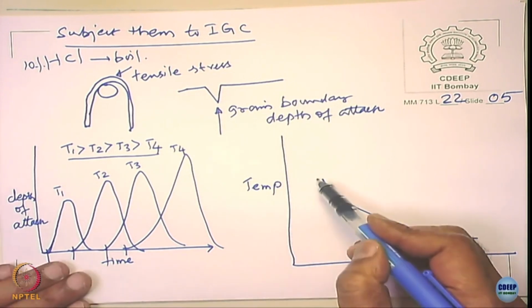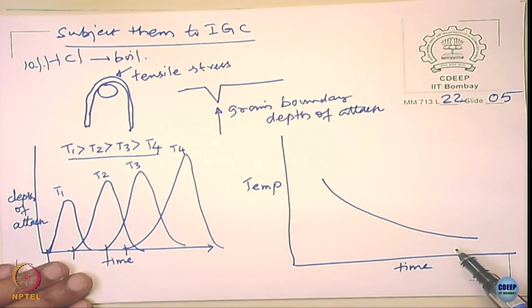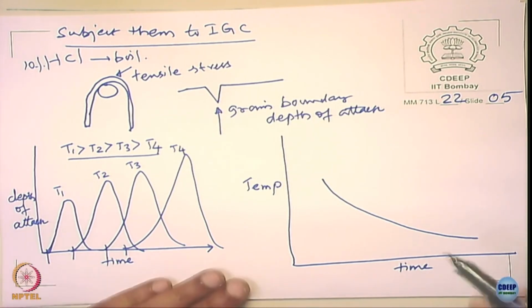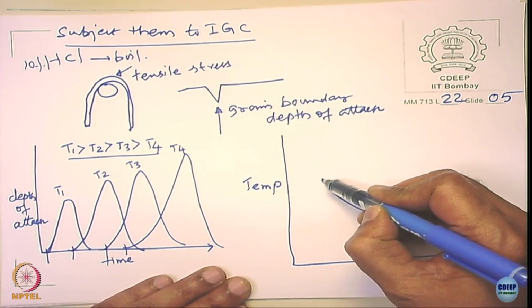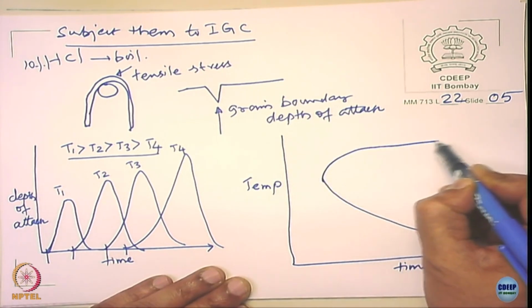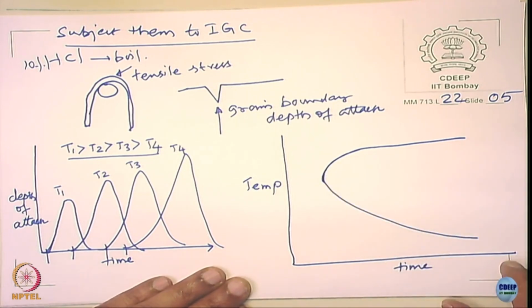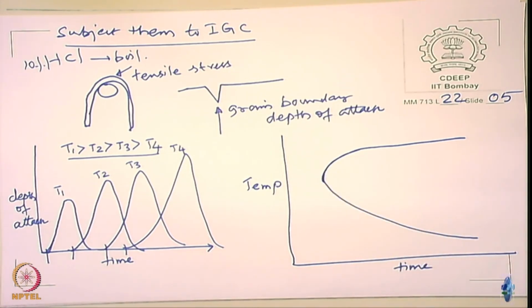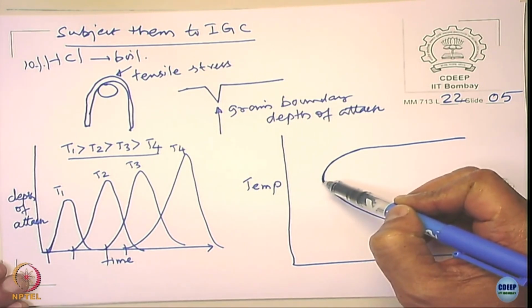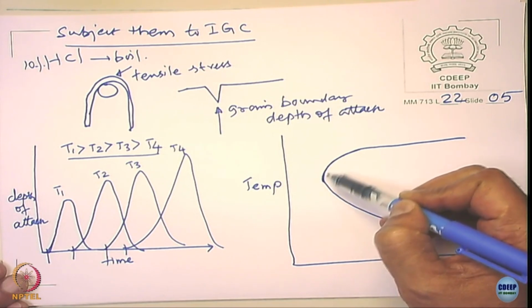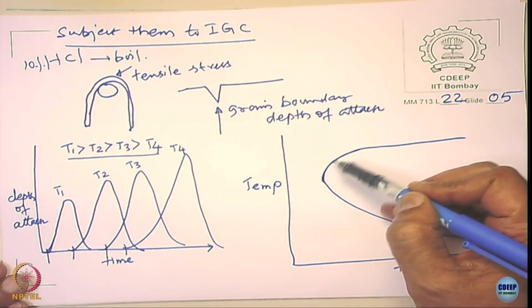As the temperature is decreased, what happens to the time for initiation of IGC? Increases, right, start increasing like that. Now if you raise the temperature, you will also get like this. It is very interesting now, okay. You see, when you raise the temperature also, again the time for initiation of IGC increases, right.